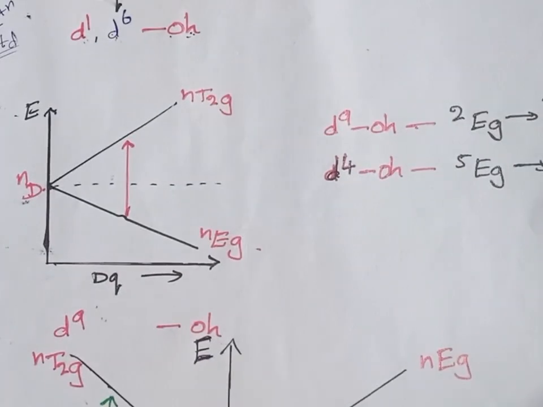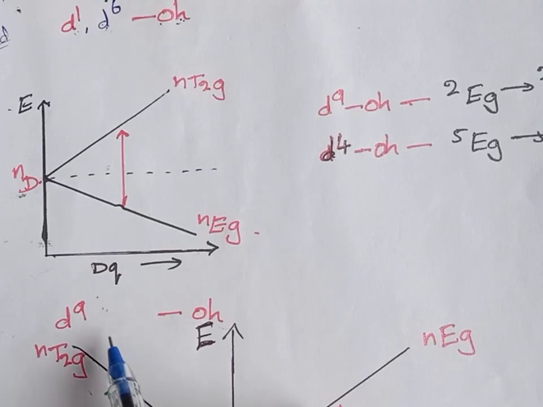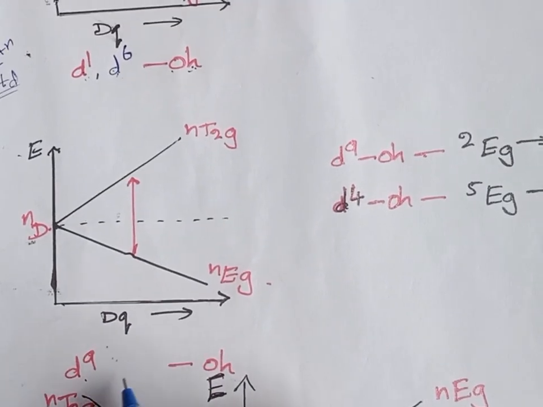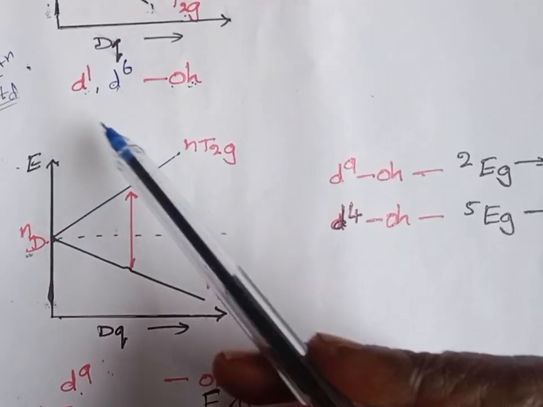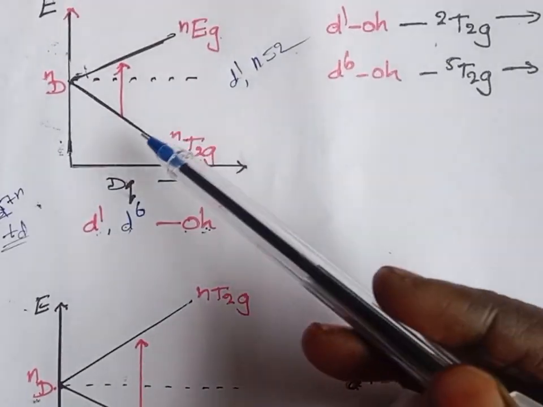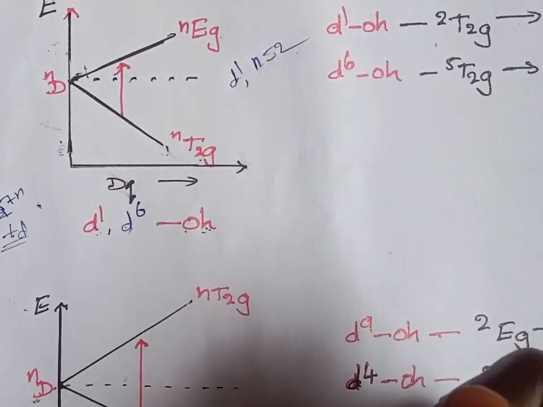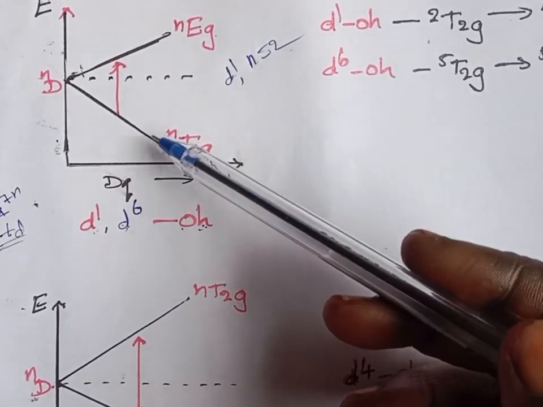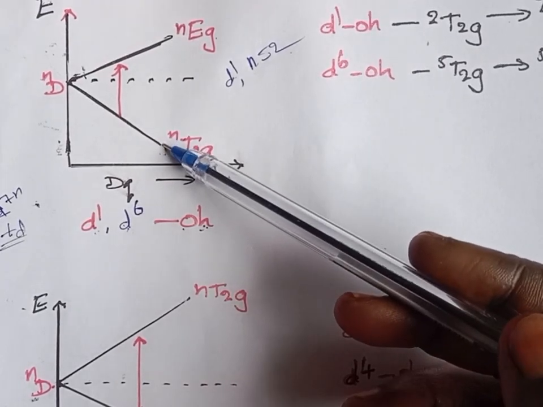Okay. So next, if we consider the D9 electronic system. D1's whole reverse configuration is D9, and the D9 will have the reverse diagram from the D1 configuration, right?